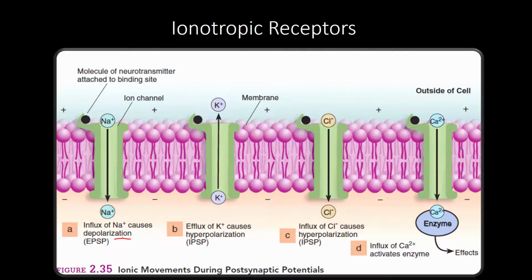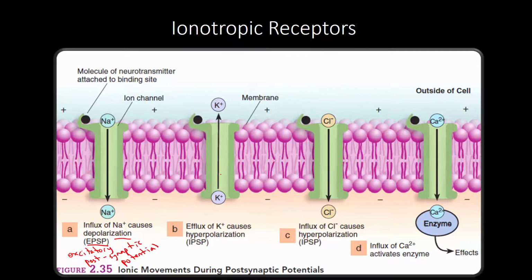If a lot of sodium flows in, we get a big one, okay? That's a graded potential. EPSP, excitatory postsynaptic potential. You can see why I just call it an EPSP. Okay, so our excitatory postsynaptic potential.